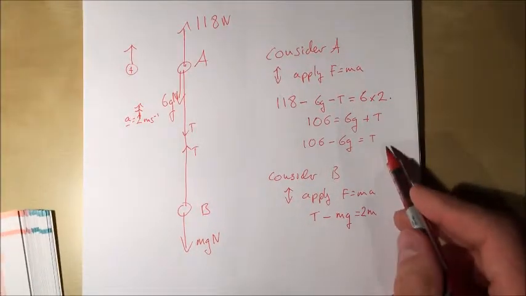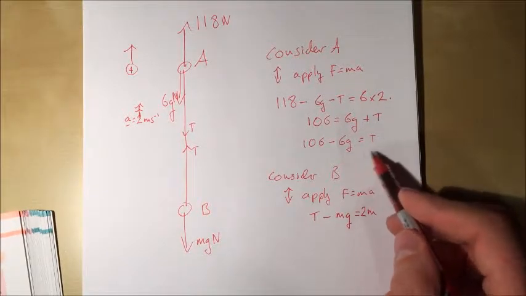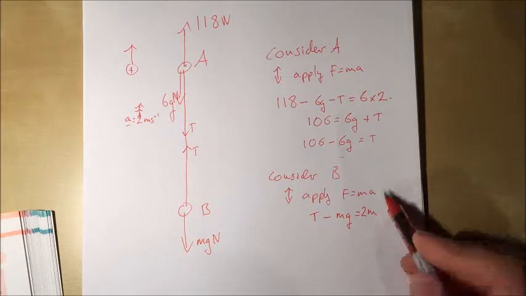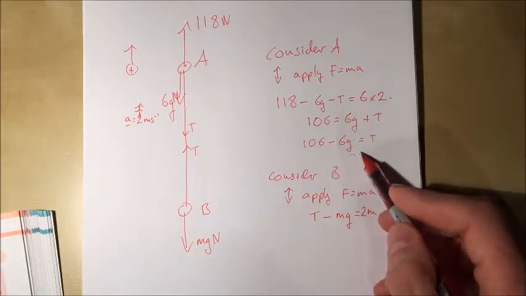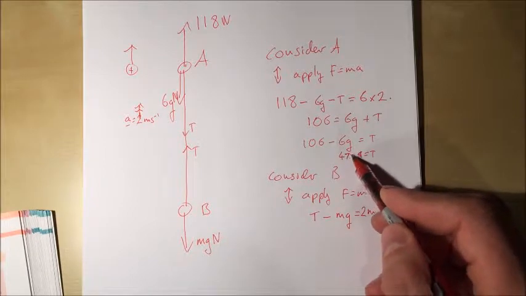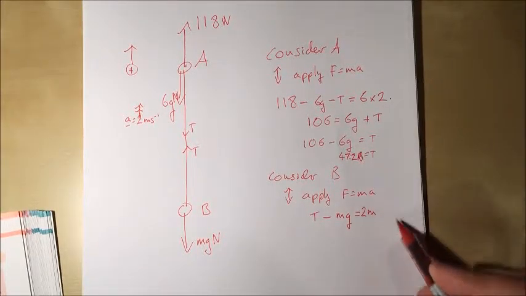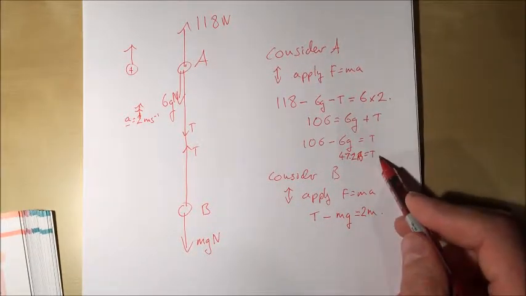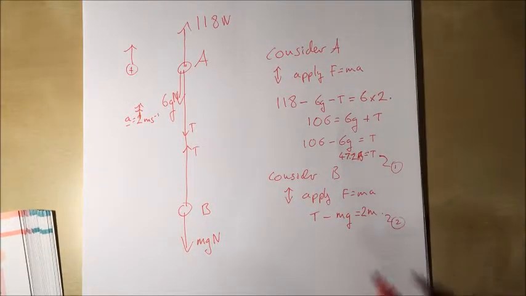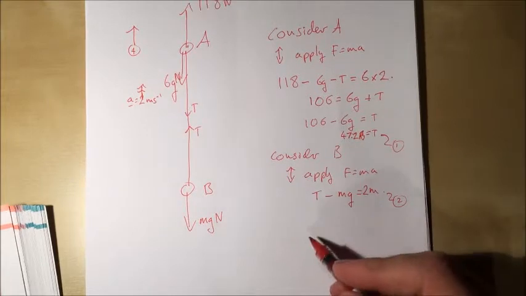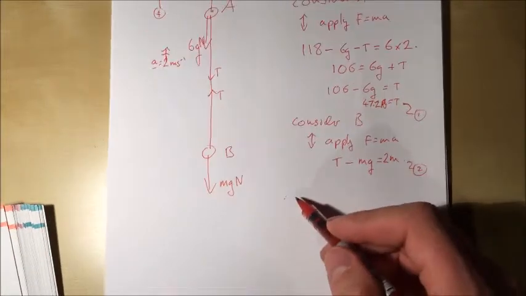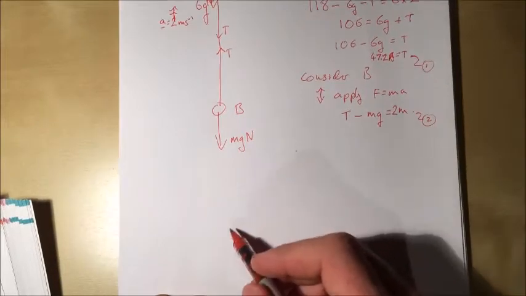So equation 1 gives me the tension: tension equals 47.2 newtons. That's fact number 1 if we want to use it. This is fact number 2 if we want to use it. And the third thing I'd do would be to think about the whole thing together.